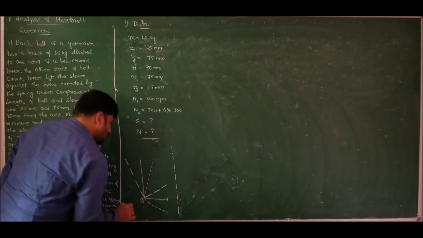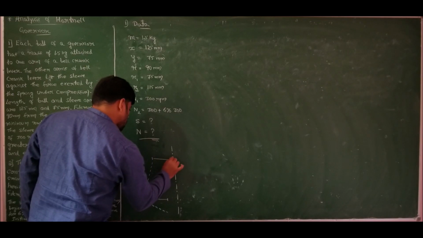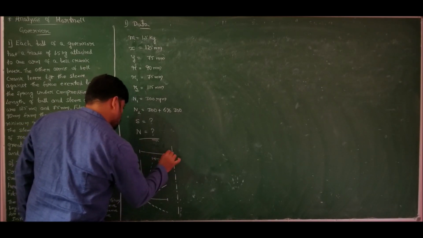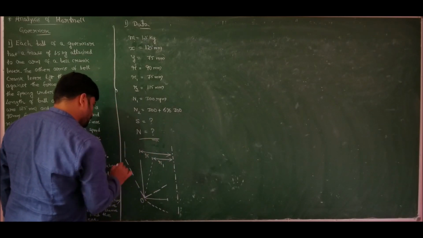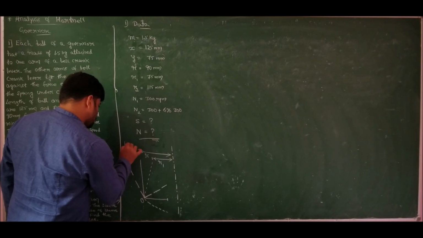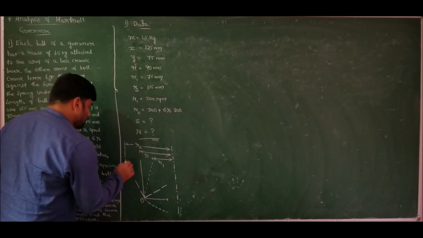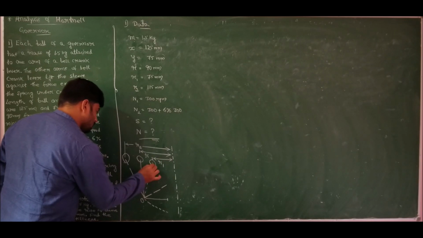This is the fulcrum O, and we know all the radii. We know R1, we know R, 90 mm, and we know the radius R2 at maximum speed, for which we have the balls at these positions.